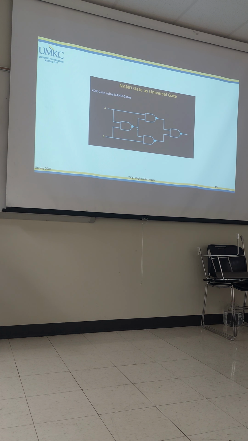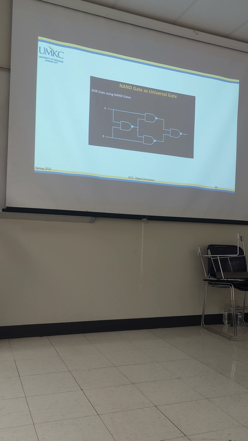So if you distribute it, it will become what? A dot A bar plus AB plus A bar dot A bar plus A bar dot B. A dot A bar is 0, AB plus AB, 0.